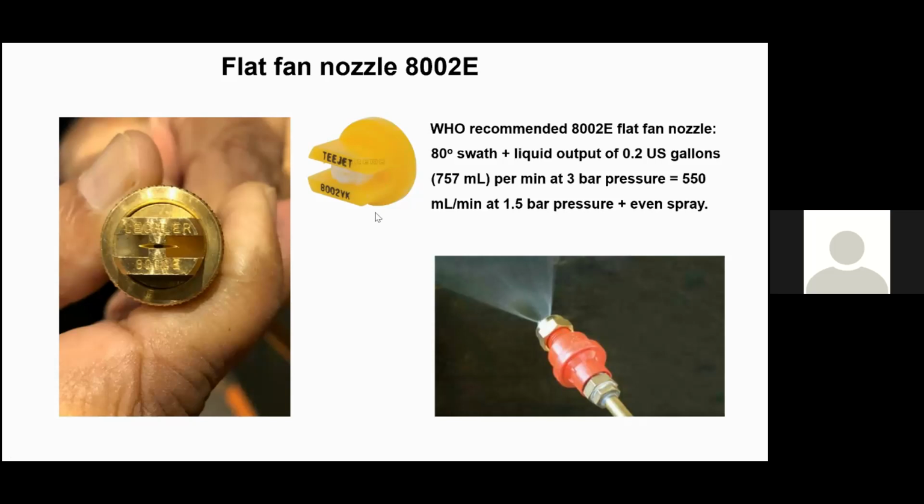So what 8002 means is: the first two digits give an indication of the degree of spray, that is 80 degrees of swath. 02 is the US gallon, that is 757 ml, and E stands for even spray. So this is the decoding of 8002E, and this is recommended for IRS programming in vector control.